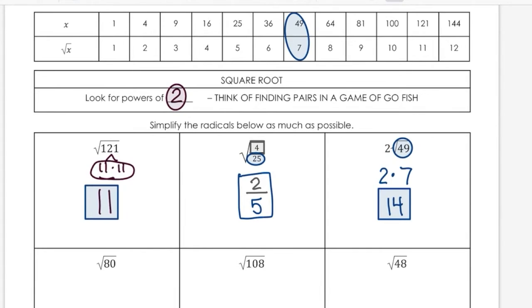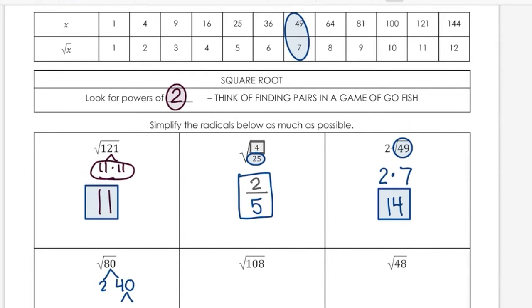Okay, so for the next 3, you'll notice that the number 80 is not anywhere on my perfect squares list up here. So what that means is I have to break the number down. For example, I know that 80 is 2 times 40. We called this prime factorization, where you just keep breaking it down.